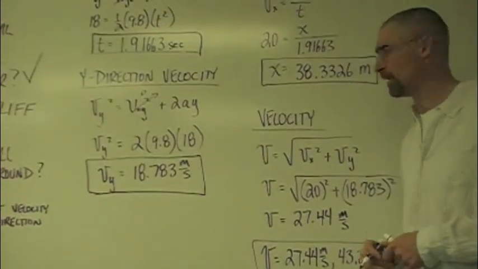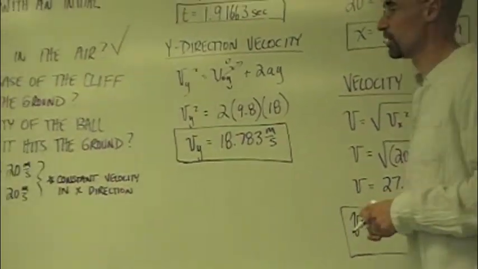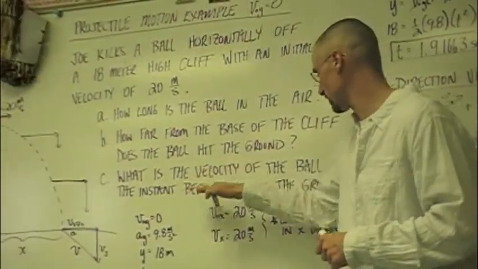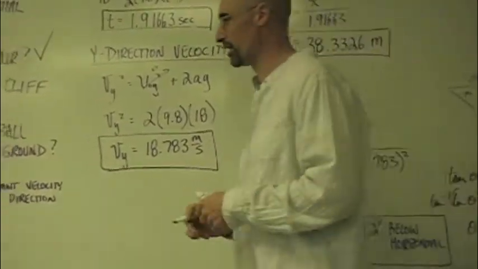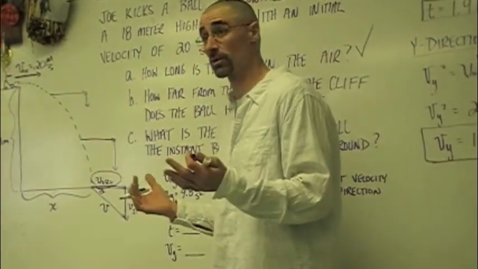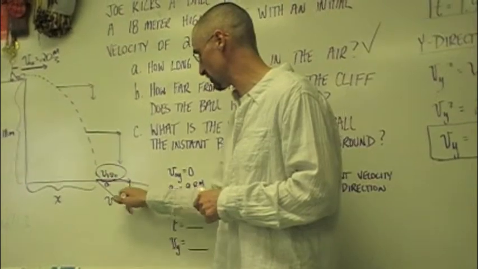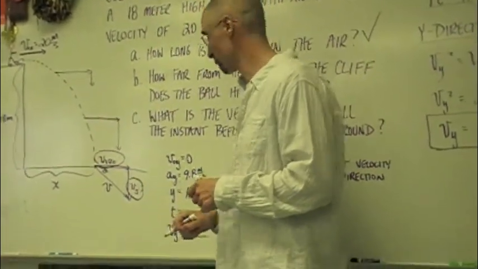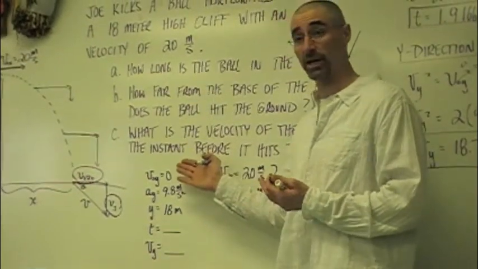Okay. And then the last question is kind of the hardest question. What is the velocity of the ball the instant before it hits the ground? Well, guys, in the x direction, we know that's easy because it's 20. It's always going to be 20 in the x, right? The only other thing we need to find is the v naught y, which is really pretty simple because it's just a simple kinematics problem.